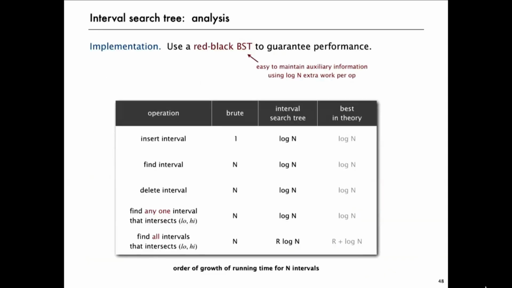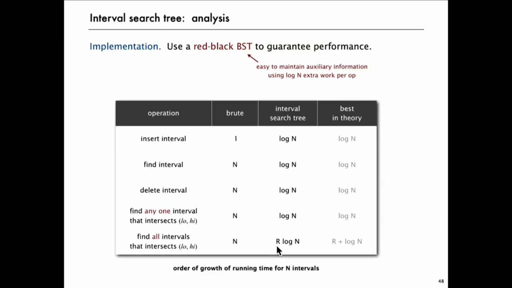The other thing we can do is use a red-black BST to guarantee that we solve this in time proportional to log n. So insert, find, delete, and find any interval that intersects all take time guaranteed proportional to log n. And if we want to find all intervals, we just have to run the algorithm for each interval until we come up against no intersection.